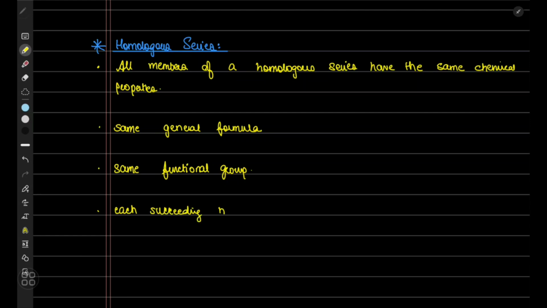So each succeeding member differs from the preceding member by a CH2 group. And the molecular mass of a CH2 group, essentially speaking, is 14. So each member has a difference of 14 from their preceding member.